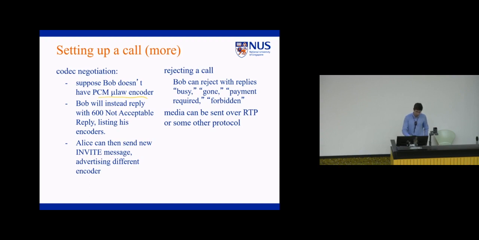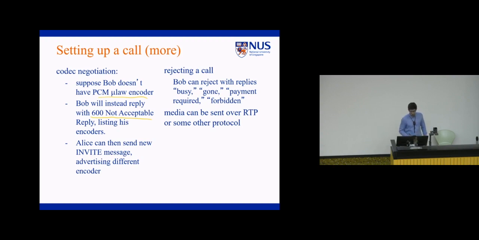So instead of sending 200 OK, Bob will need to respond with 606 not acceptable. Just like HTTP's 404 or 500 type of messages when the requested object is not there, or you send a bad request, Bob will instead reply not acceptable. Again, that's just an example. Alice will then send a new invite message, perhaps advertising a new encoder.